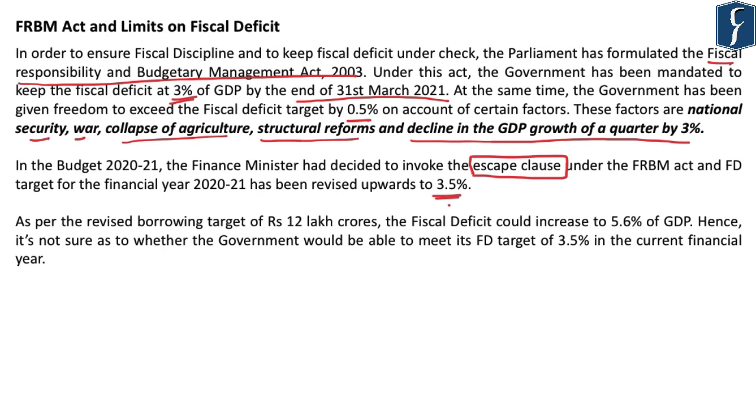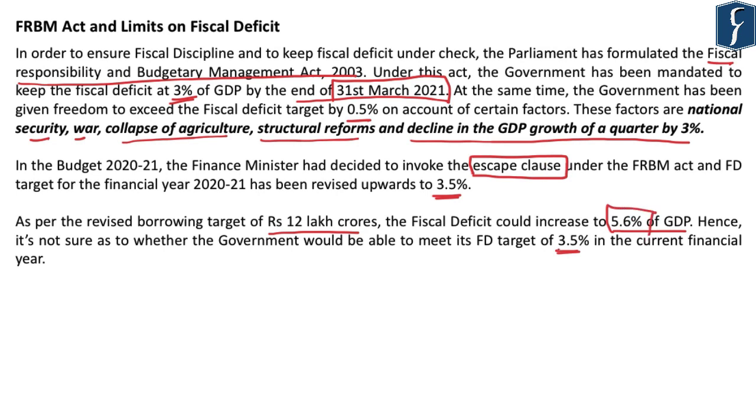But forcefully, the Government of India had to revise the borrowing target in the wake of COVID-19 to rupees 12 lakh crore, which comes to about 5.6% of GDP. Hence, it is not sure whether the Government of India will be able to meet the fiscal deficit target of 3.5% in the current fiscal year, because it had to be met by 31st of March 2021. In the most conservative calculation it will be going to 5.6%. It can even shoot more than this.